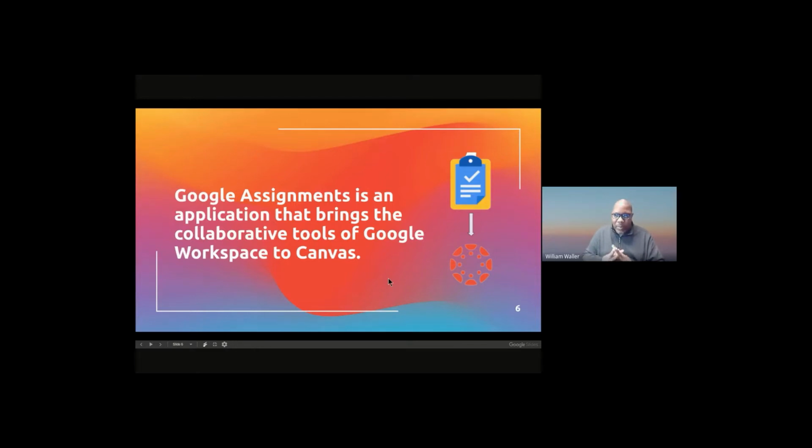That's the whole point of it. It is an awesome feature of Google and Canvas that I think is going to benefit those who have not jumped on it yet, and those currently using Google Cloud Assignments who need to transition over.